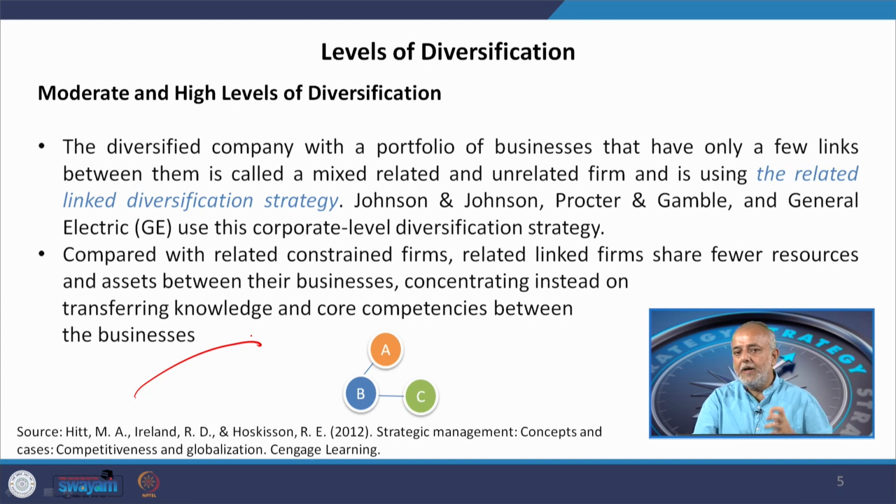Why would it have happened? When these related constrained firms were evolving, this kind of diversification was observed. At that time, production operations were the mainstay, or supply chain was the mainstay, suppliers or operations were being focused upon, and that is what the era was all about. Today it is the knowledge economy.